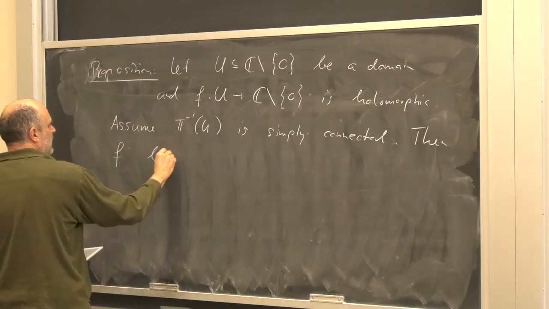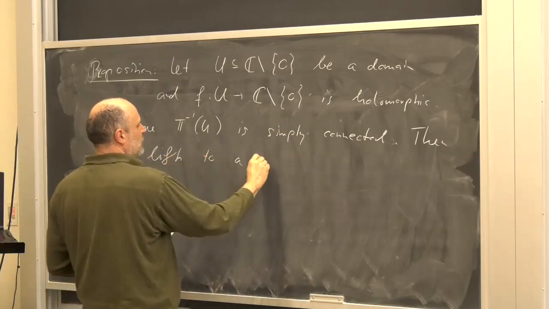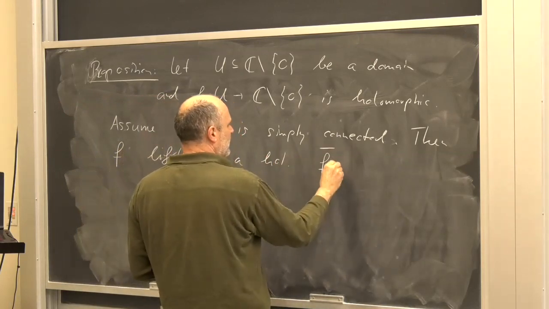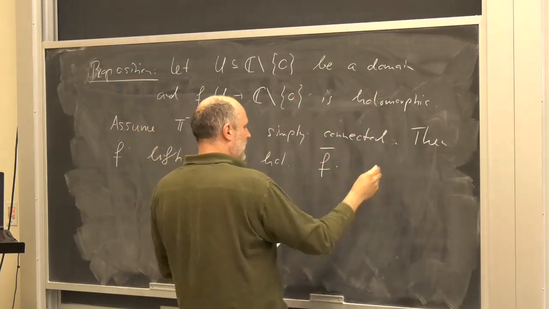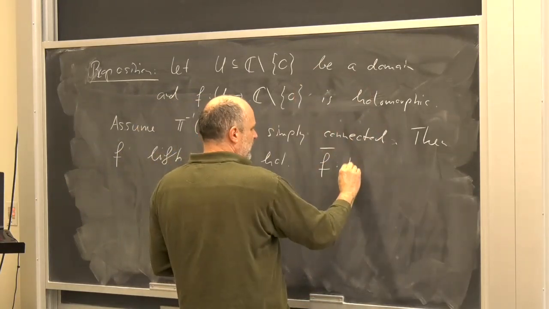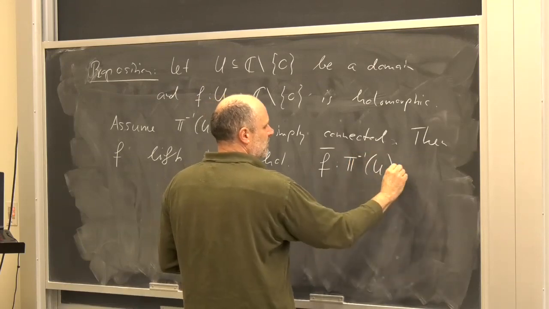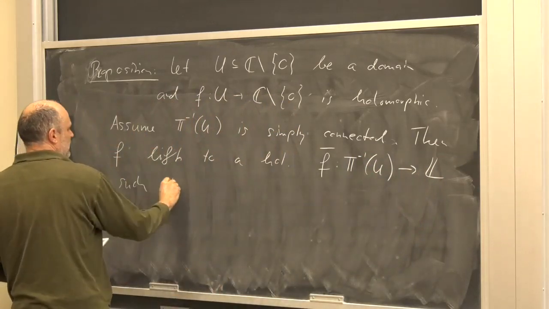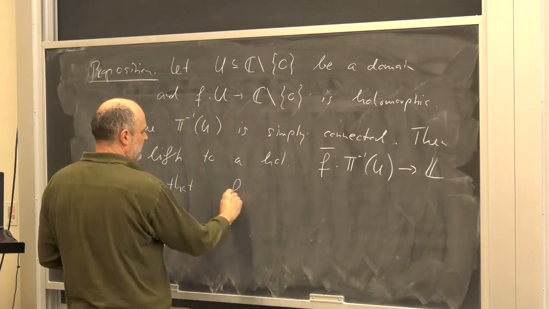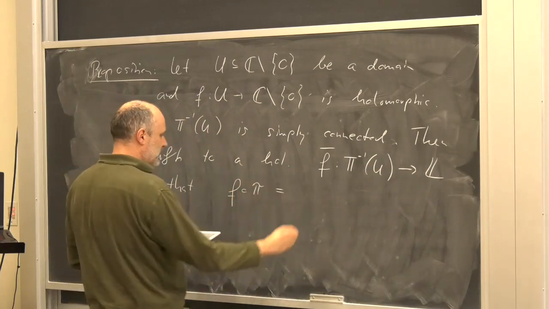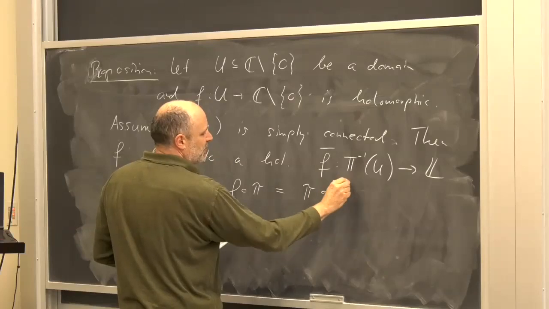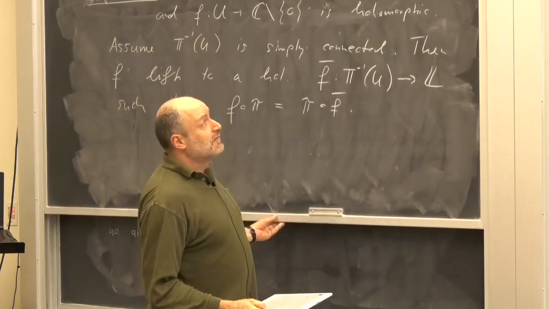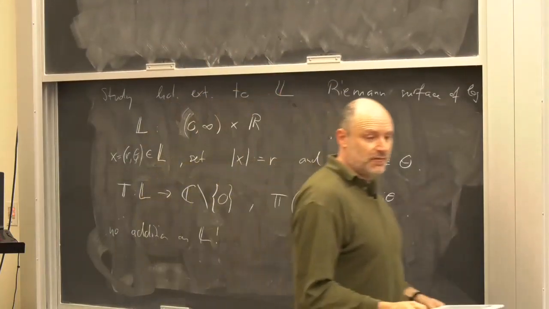Then f lifts to a holomorphic function, which I'm going to call f bar, just like in the examples. This f bar is going to be defined everywhere on pi inverse of U and takes values in L. It has to follow the property f bar composed with pi is the same as pi composed with f. So that's exactly the kind of thing I want: an extension on the Riemann surface.